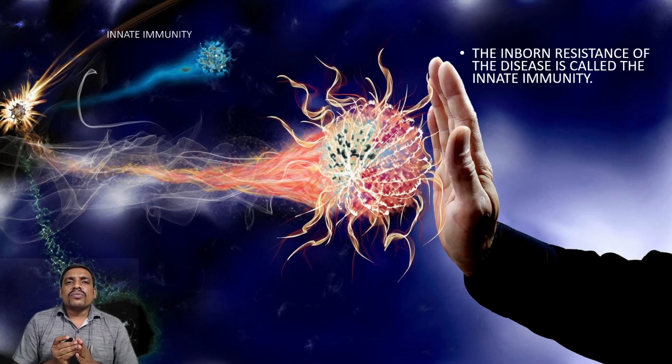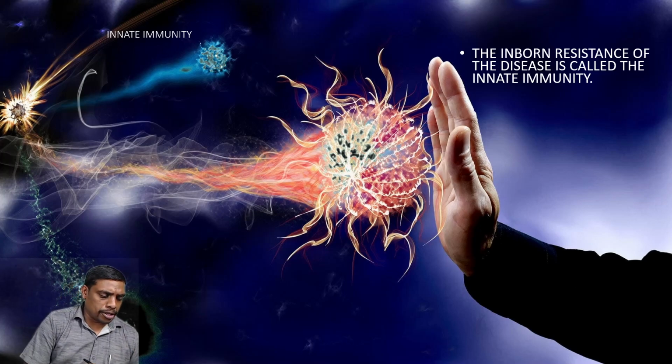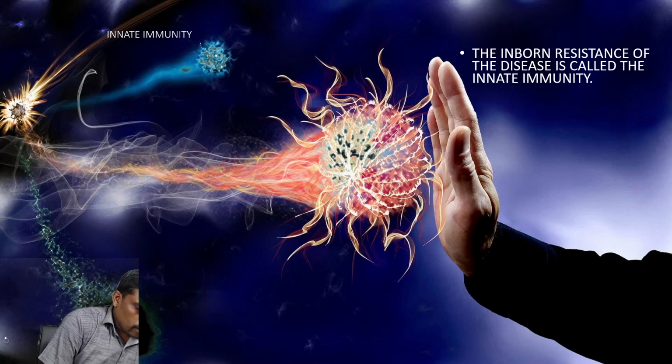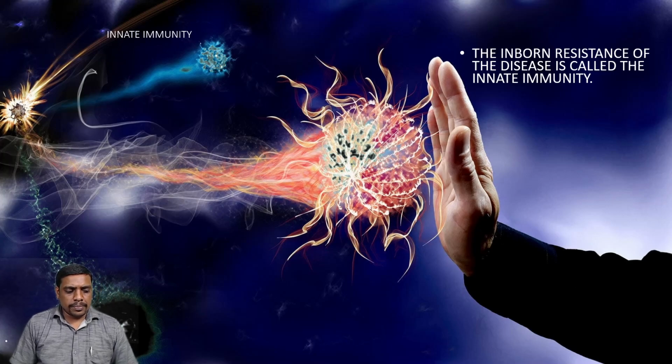It is one of the important immunities, because we are getting this kind of immunity from our parents. That's why innate immunity is considered the most appropriate, inborn type of immunity. Now, let us learn a few points about it.